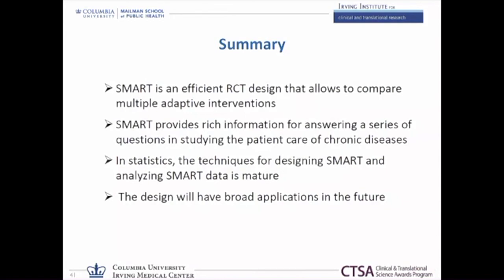In statistics, in the last 10 years, many studies have been conducted in this field, and several important papers have been published. So the technique for designing a SMART trial and analyzing SMART data is getting mature. So it will be a good time to apply this clinical trial design in the clinical trial practice of medical research. So it has a broad application potentially in the future.